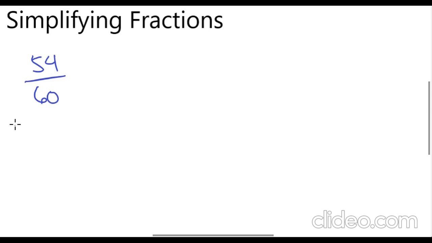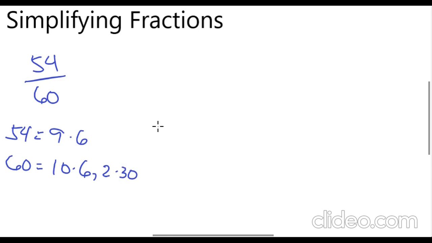So, kay 54 po, we can simply say that it is 9 times 6 or 6 times 9. And then, para naman po kay 60, it is 10 times 6. Meron din siya namang, yung 60, pwede rin naman siyang 2 times 30 o kaya ay 3 times 20.